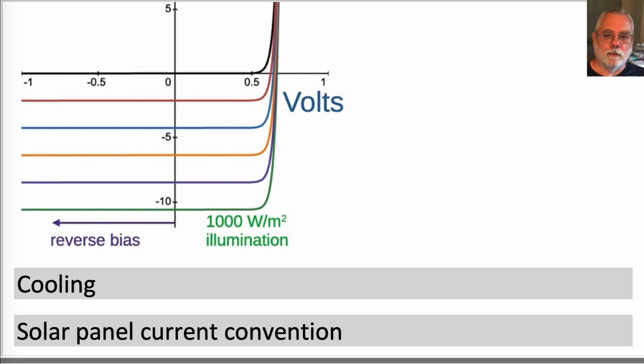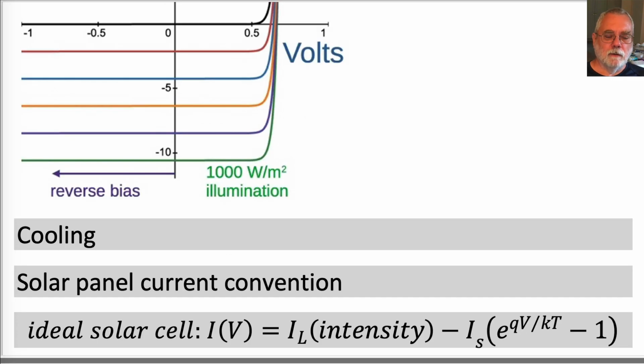Solar panel current convention. Because solar panels source power, their IV curves generally use the convention for current that current is positive when it exits the contact for the p-type anode. So, we negate the sign of the current of previous sections. For a solar cell, the current is positive light current minus the ordinary diode current.